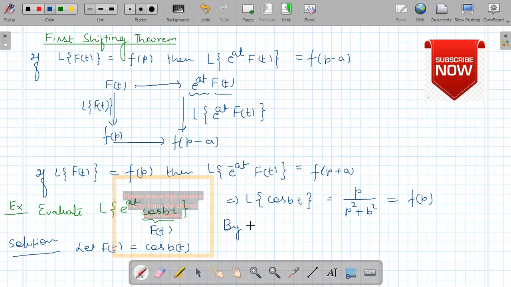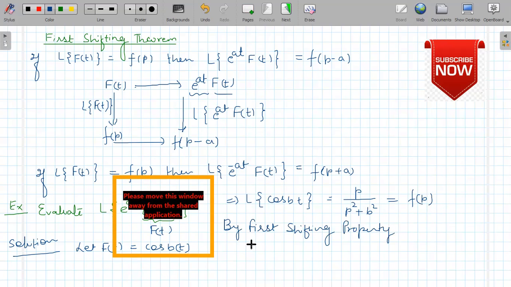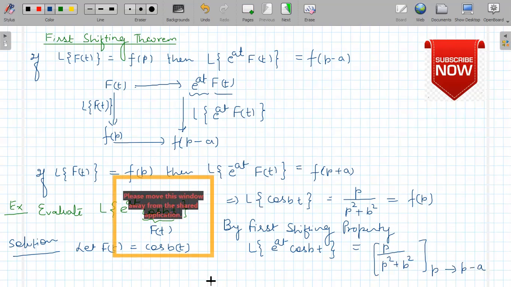So by the first shifting property, the Laplace transform of e raised to the power at cos bt will be the function F(p), in which p will be replaced by p minus a, right?